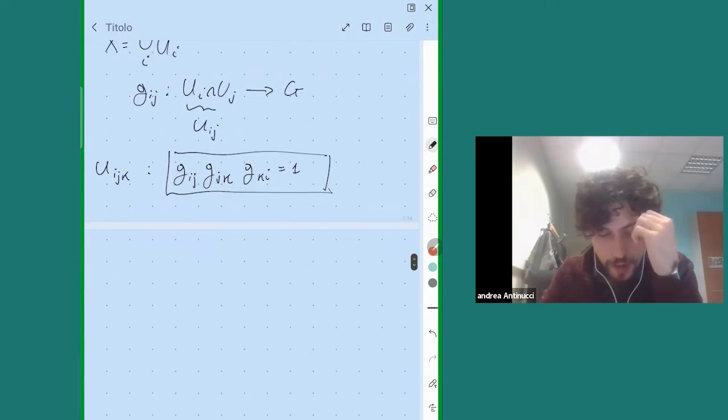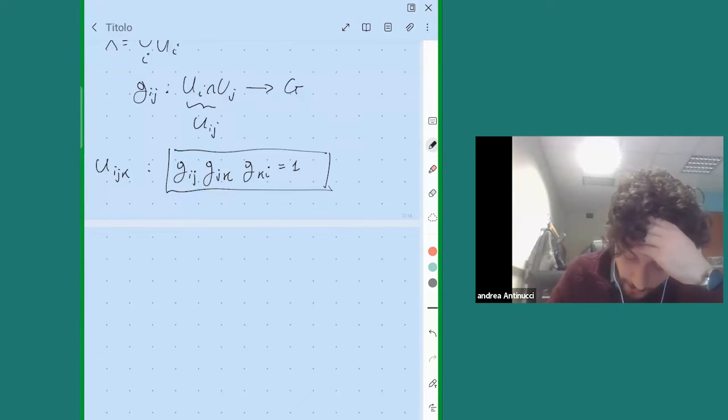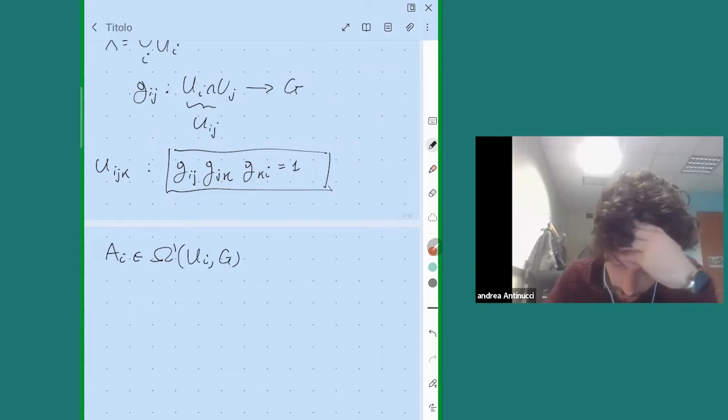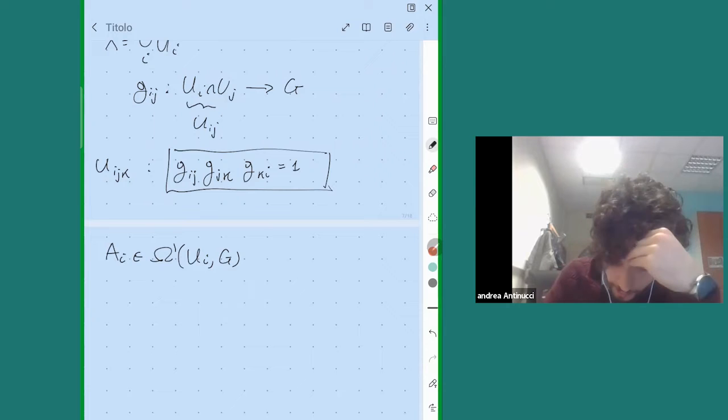Very good. And a connection on this gauge bundle is defined by a family of local one forms, A_i, a local one form on U_i valued in the Lie algebra of G, with some gluing property on the double intersections.